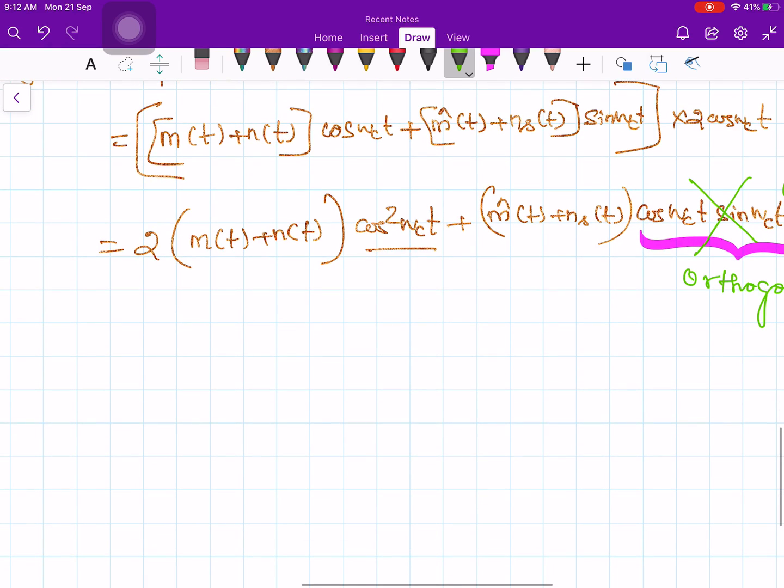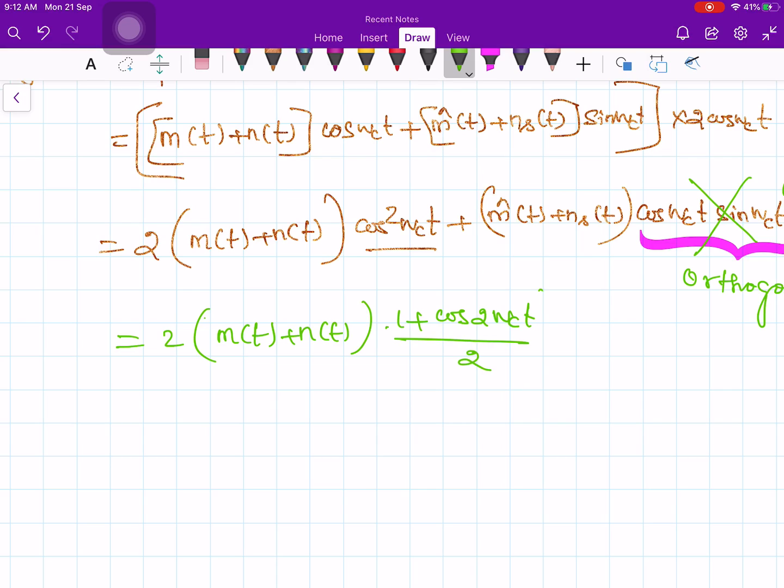Okay, so I can write this as 2 times m of t plus n of t times cos square omega ct becomes 1 plus cos of 2 omega ct by 2. So this 2 and that 2 will cancel. That is the reason we are multiplying them by 2.